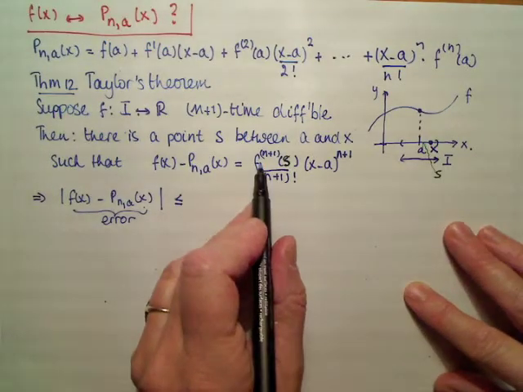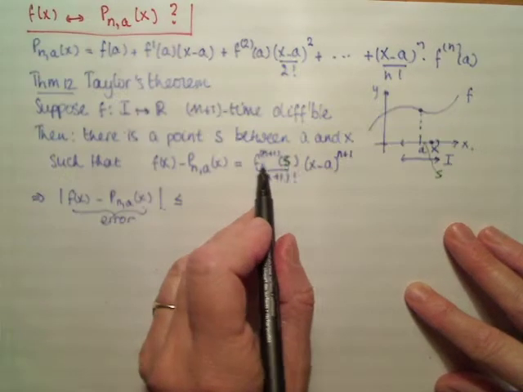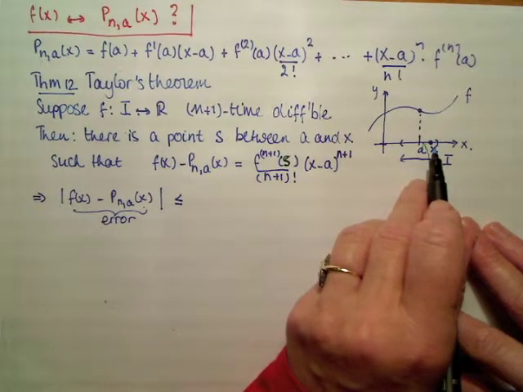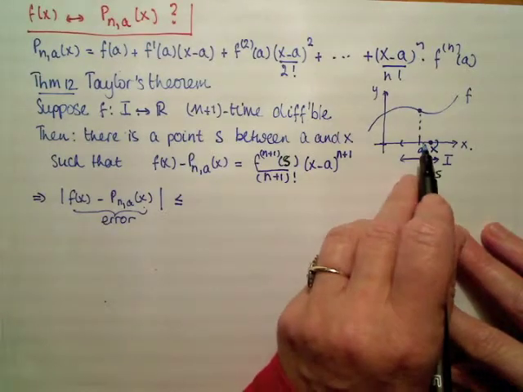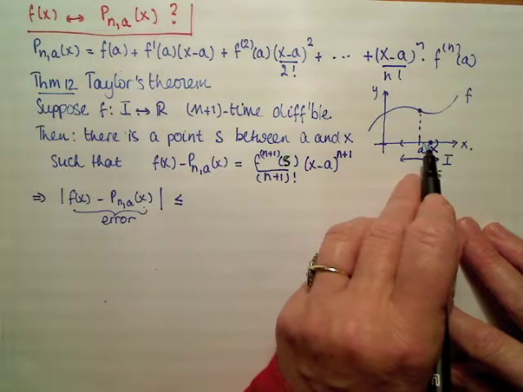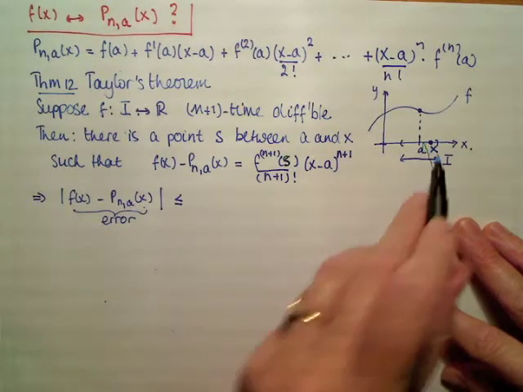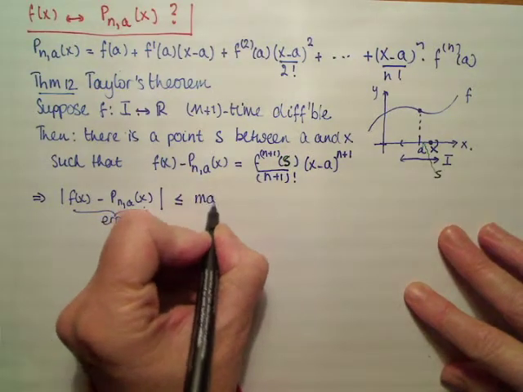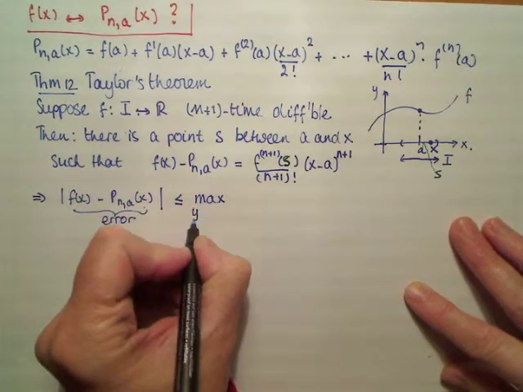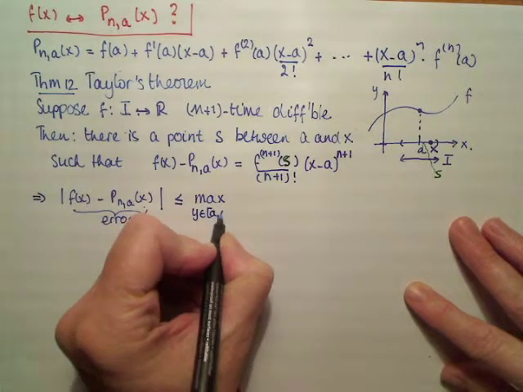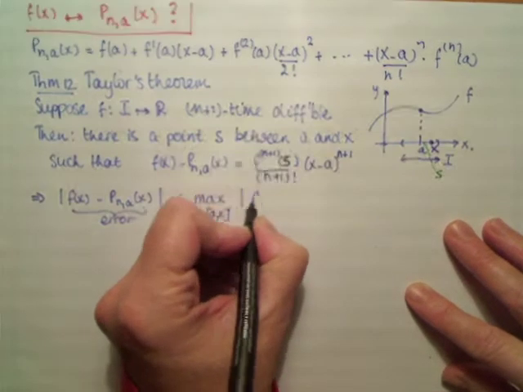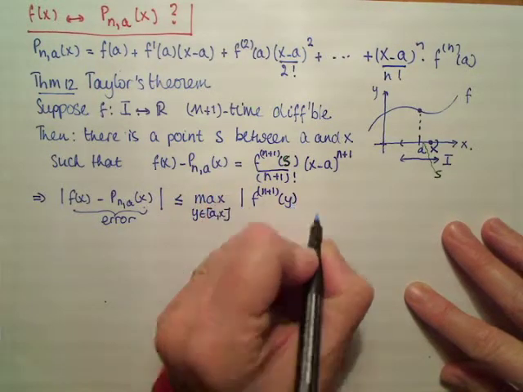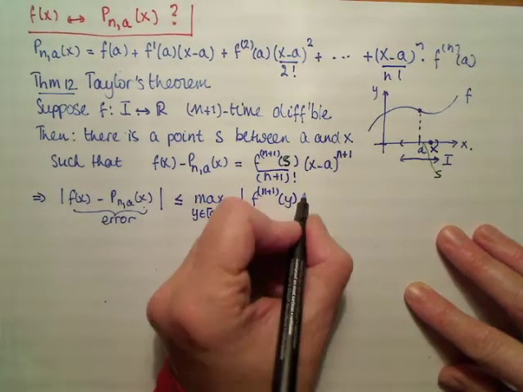So the value of the n plus 1th derivative evaluated at the point s between a and x can never be bigger than the maximum value that can be attained if we vary all the input values between a and x. So we get the max over all points y in the interval from a up to x of the absolute value of the n plus 1th order derivative evaluated at the point y.